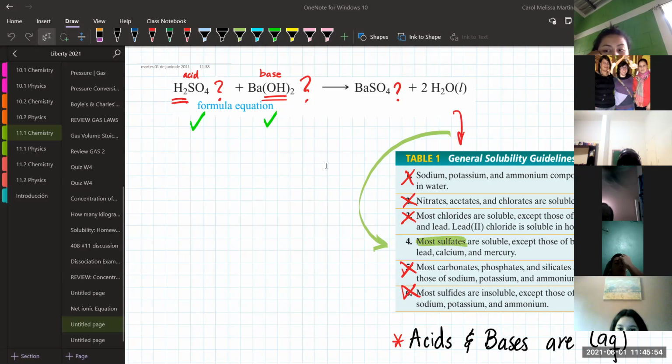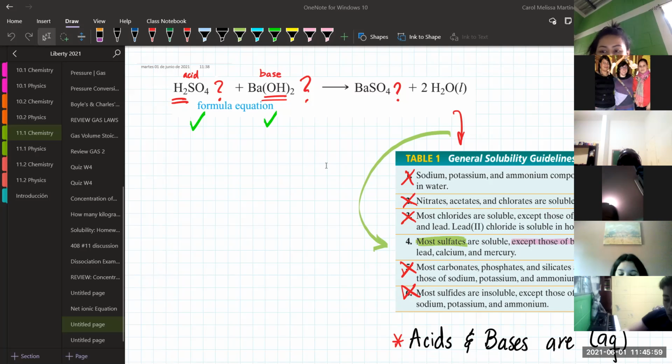Except those of barium, strontium, lead, calcium, and mercury. If you've noticed, barium is part of the exceptions, which means that in the end, barium sulfate is going to be insoluble.